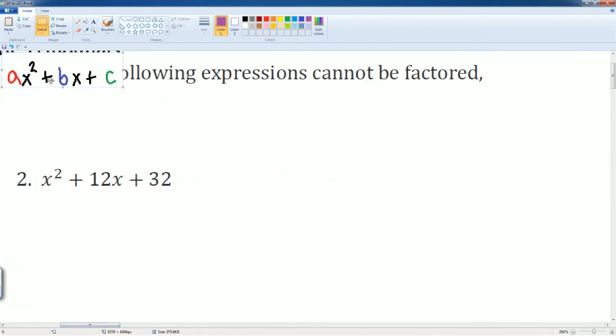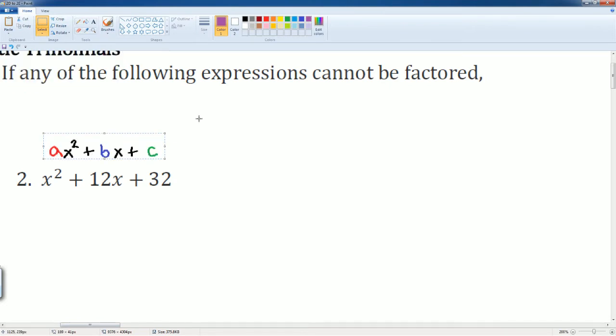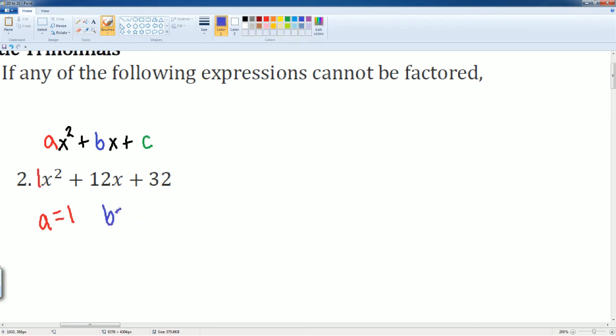Here you go. So that can help you. So what are the terms? Well, let me color code it better this time. A equals 1. That is that number out in front. B is equal to 12. And C is going to be equal to 32. We draw our X. Now we put in our terms.